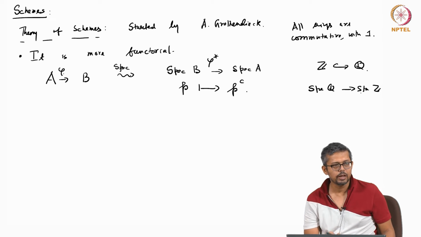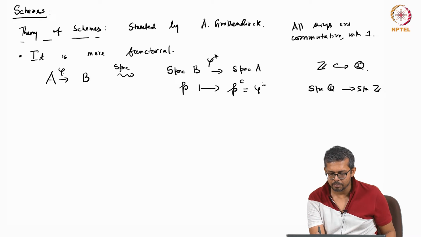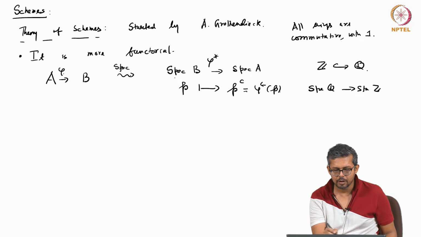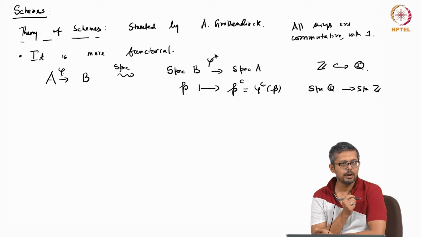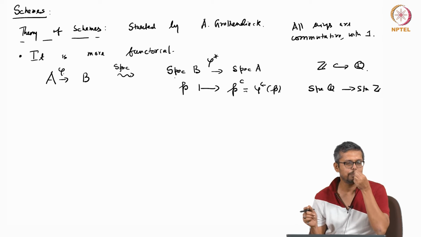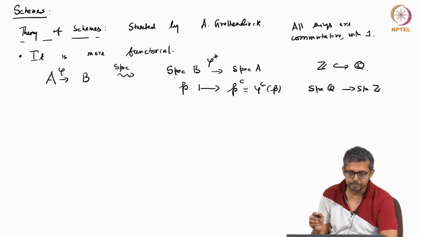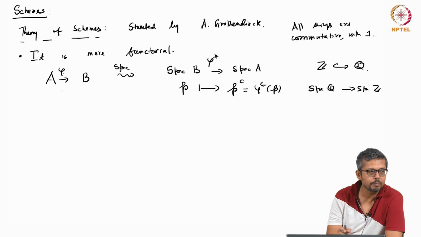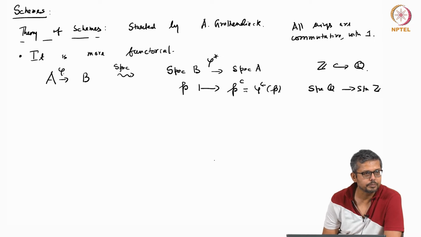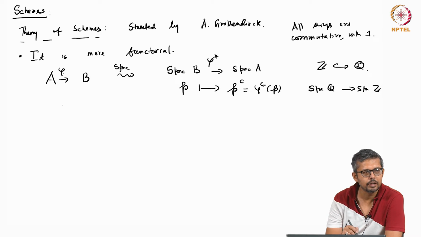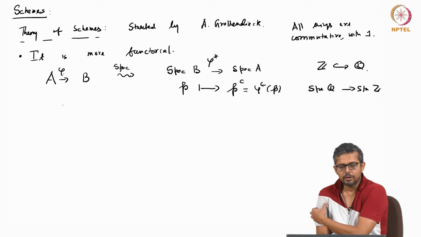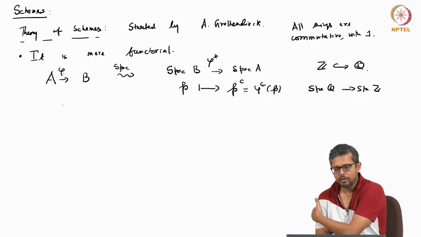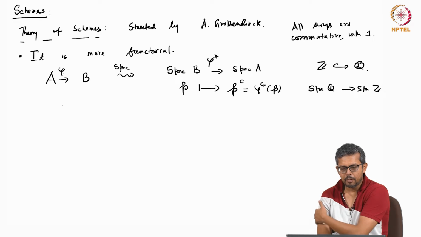But if you take P contraction, meaning phi inverse of P, and take the prime ideals, then there is a natural map, and you can also recover the map phi from this. If you have a map from Spec B to Spec A, you can recover your ring homomorphism. Not any map, but you have to put some topology on it, which we will come to.